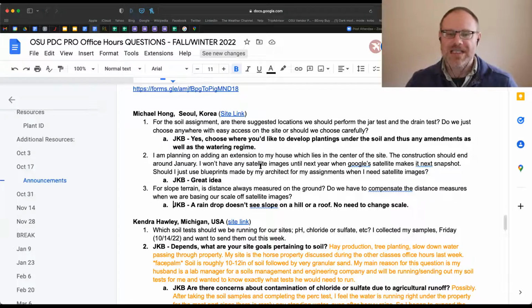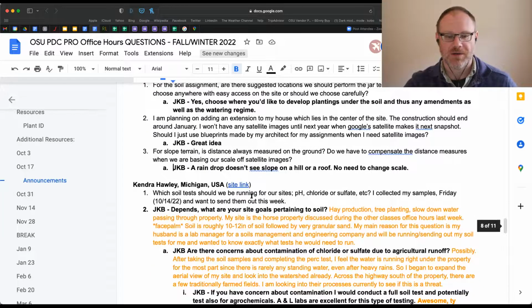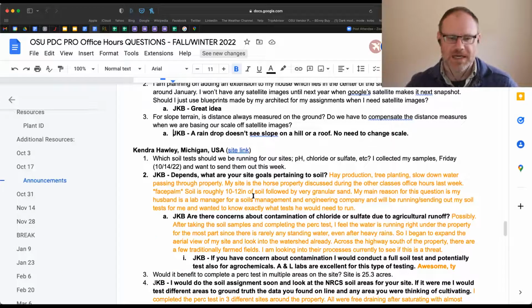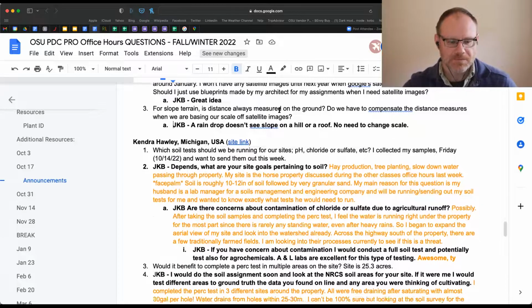Well, the cool thing is that a raindrop just sees the outline of your roof. It doesn't actually see the full distance that roof travels. It doesn't care. It just sees that bird's eye view. So no, you don't have to take that into account in any way, shape, or form when you're working on your base maps. There are other areas where you may need to, but that's fine.